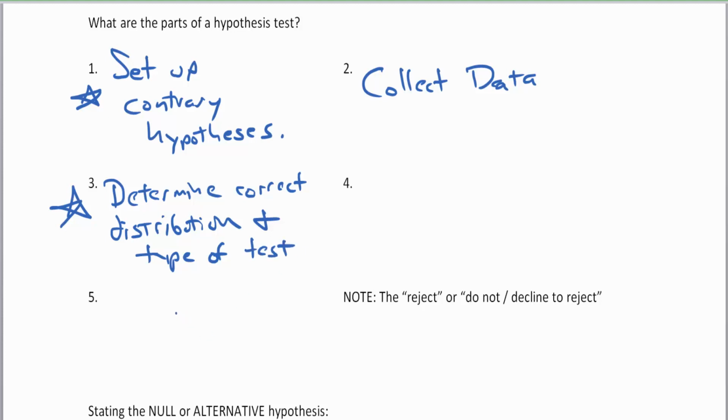And we are going to only focus on 3 of these at the beginning, and we'll expand our portfolio of types of tests and distribution as we move on in this book. But we'll start off with just a simple choice between 3 different types of tests and or distributions. Now, step 4 is to analyze the calculations.